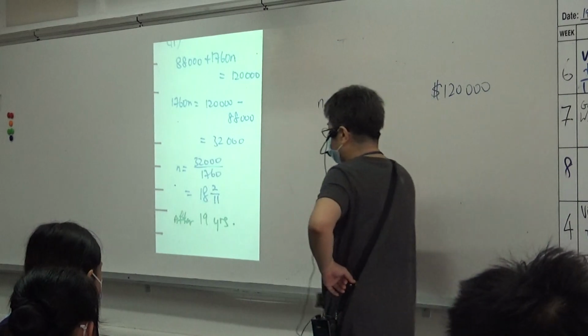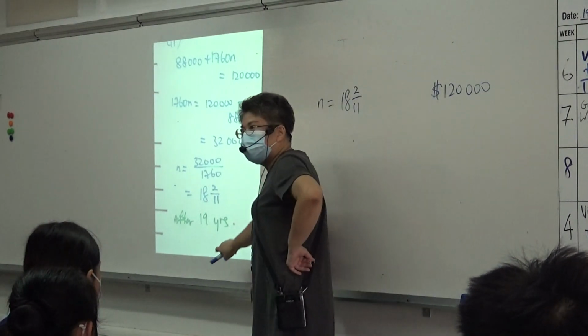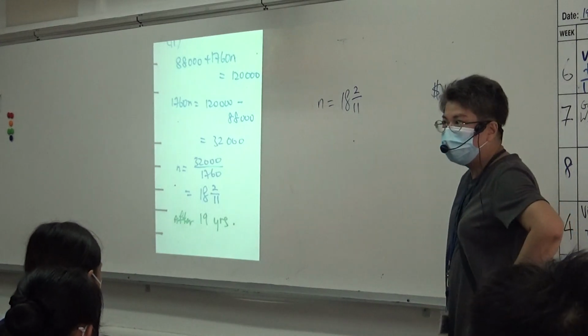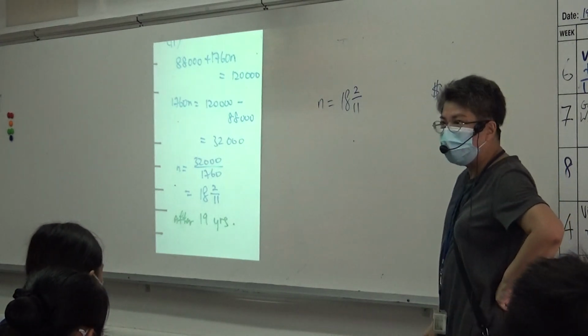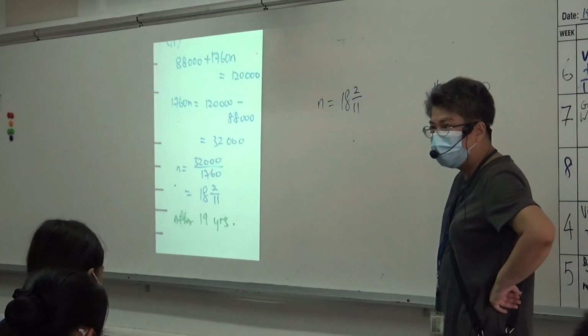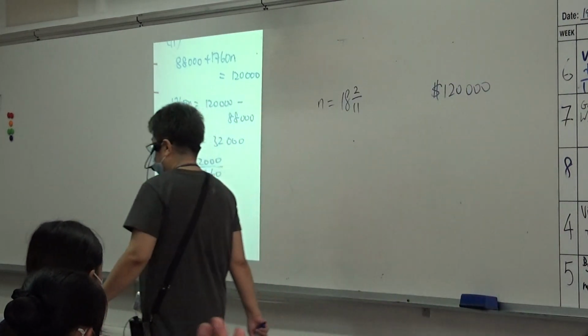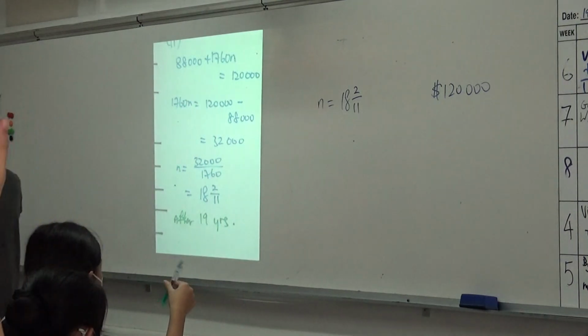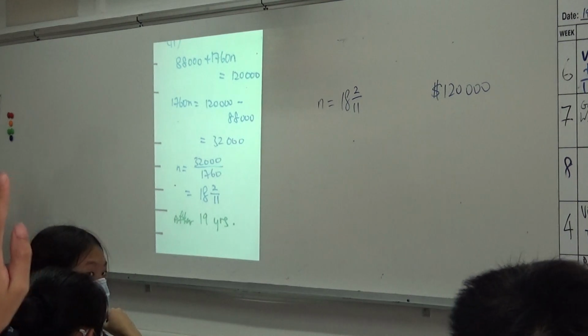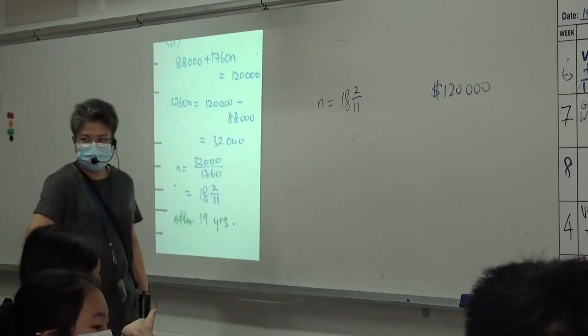So it must be after 19 years. You cannot say after 18 years because it has not exceeded 120,000 yet. This is the important part. Understand? Can you please take it down?